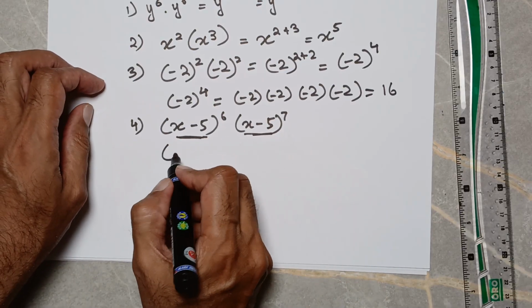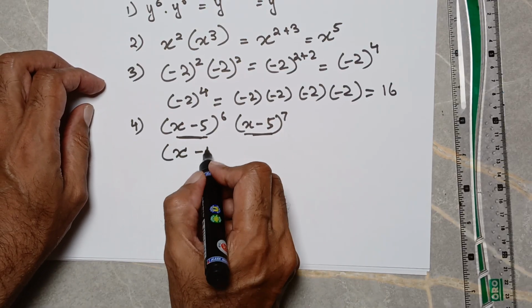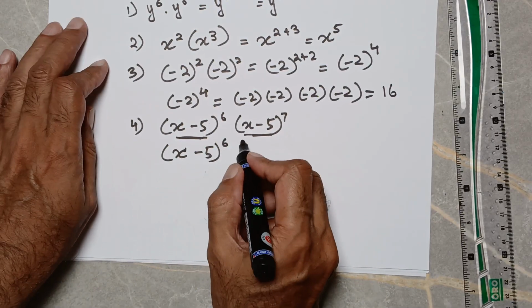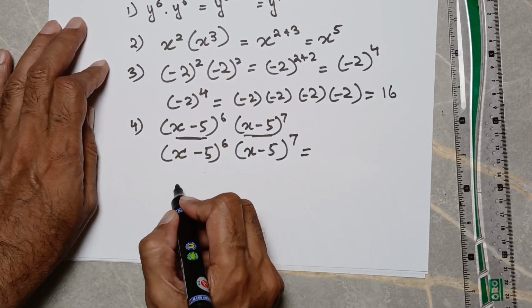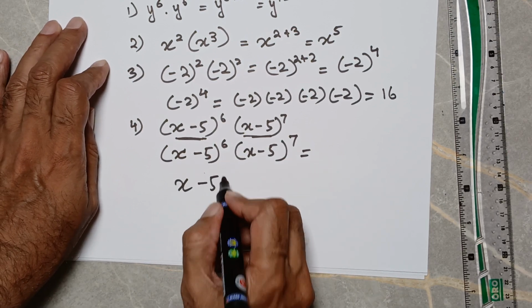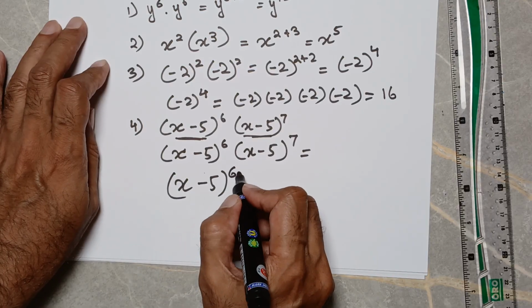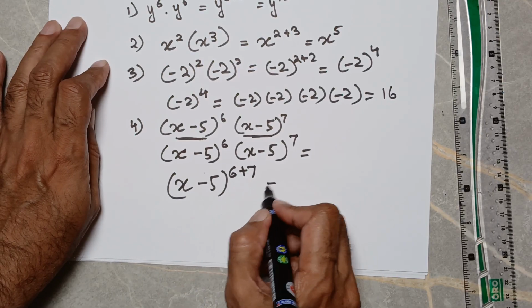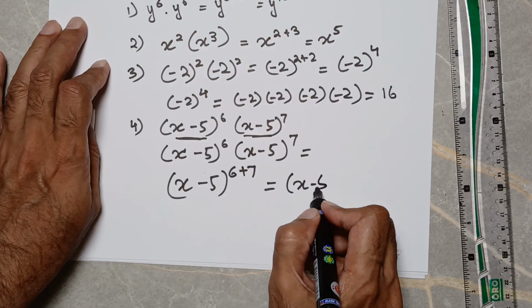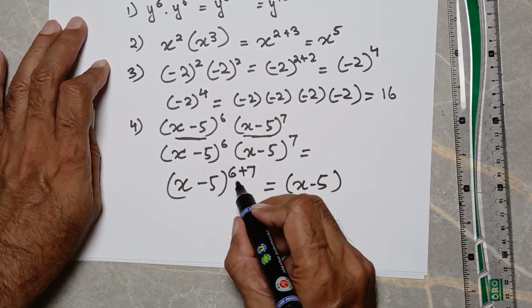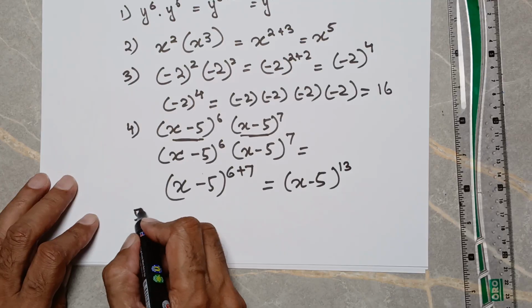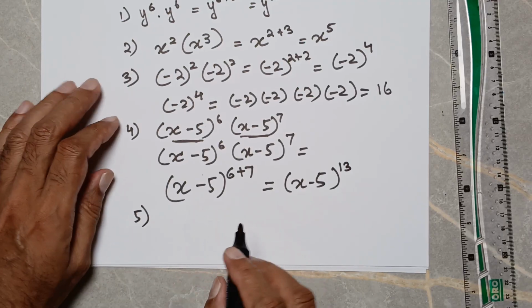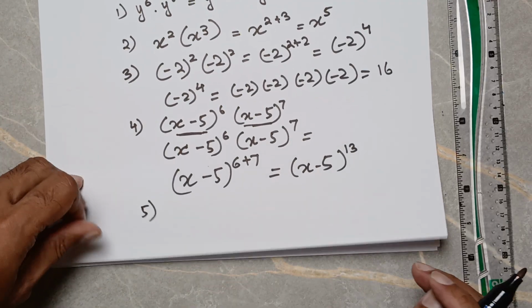Let me write it again for you: (x minus 5)^6 times (x minus 5)^7. What are you going to do? Simply add the powers: 6 plus 7 gives you (x minus 5) to the power 13.